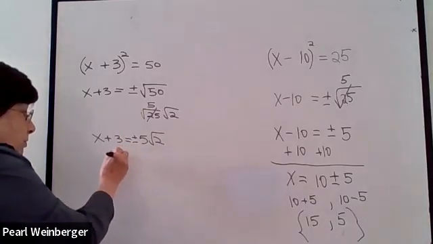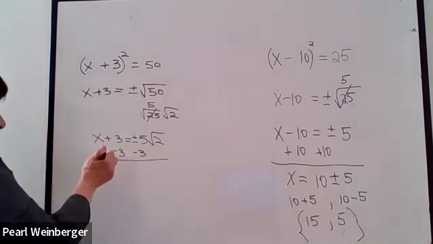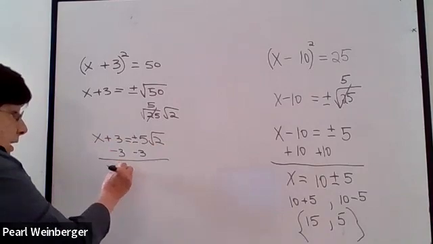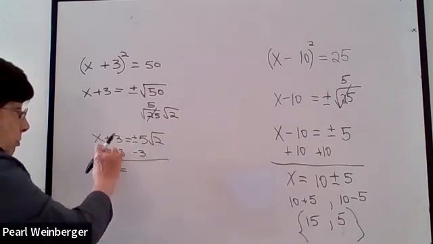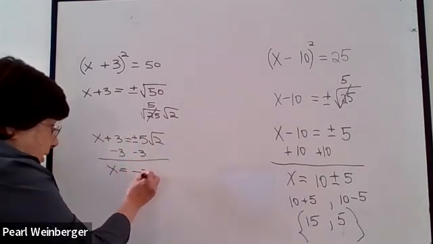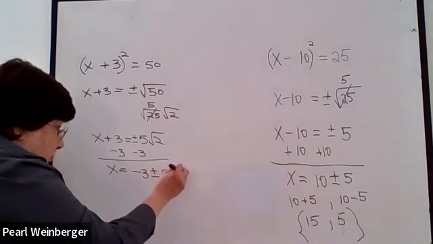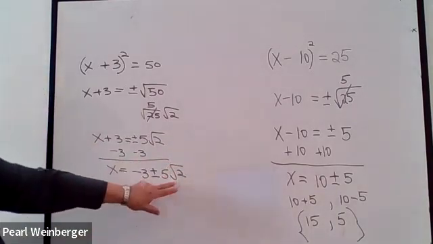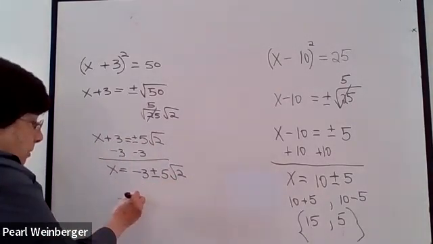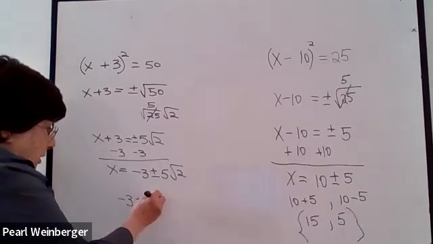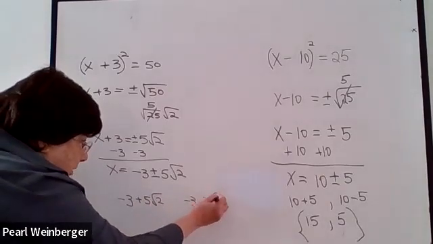And now I'm going to bring this 3 to the other side because I want the x by itself. That'll give me x equals, remember, I always take this number that I brought over, that goes first. And then I do the plus or minus 5 radical 2. And I can't go any further. I could write this as two separate answers: -3 plus 5 radical 2 as one answer, and -3 minus 5 radical 2 as the other answer.